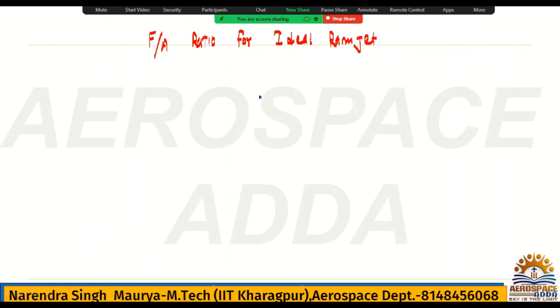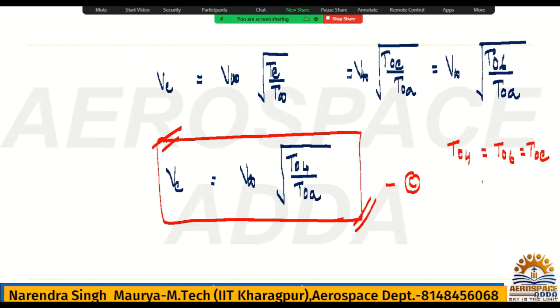We'll take one combustion chamber here. In the combustion chamber, what are we going to do? We are going to add fuel here. Okay, so what is the station number?